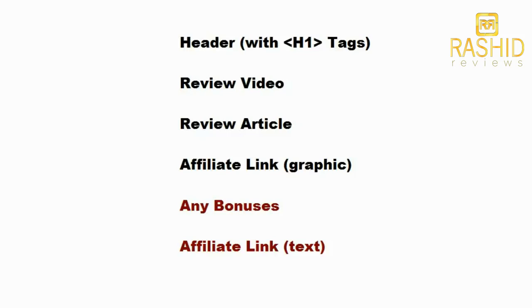Finally, since I'm now listing content underneath my affiliate link, when people are going over the bonuses, it is possible that my affiliate link graphic has scrolled out of view. So then I will put another affiliate link as text underneath the bonuses as well.